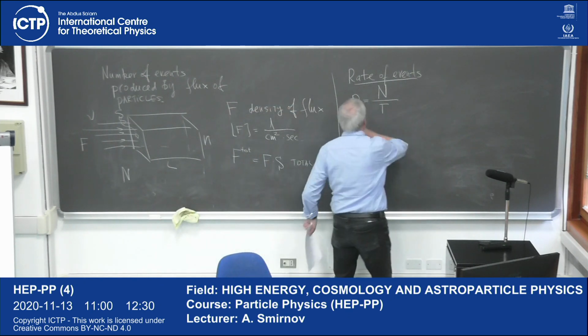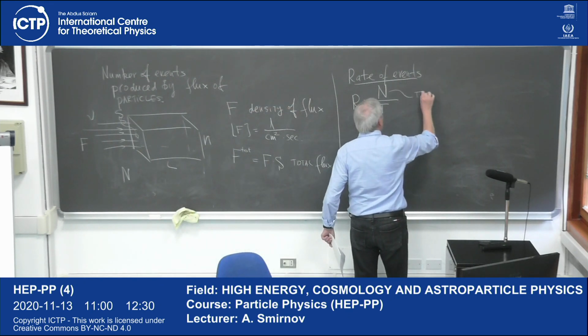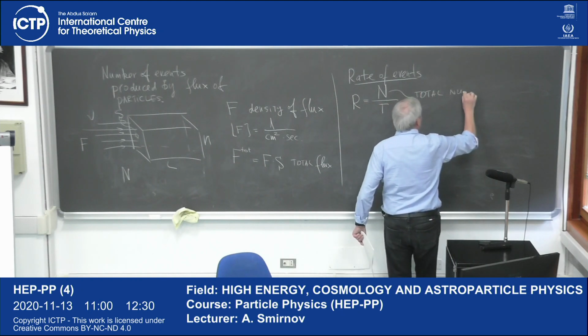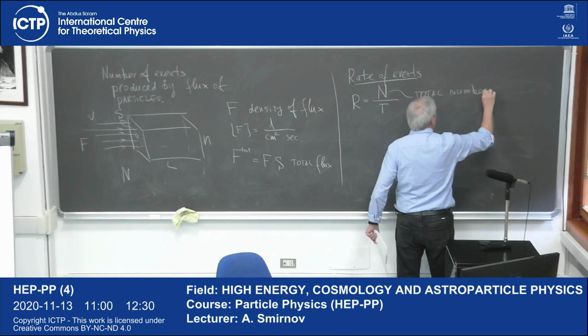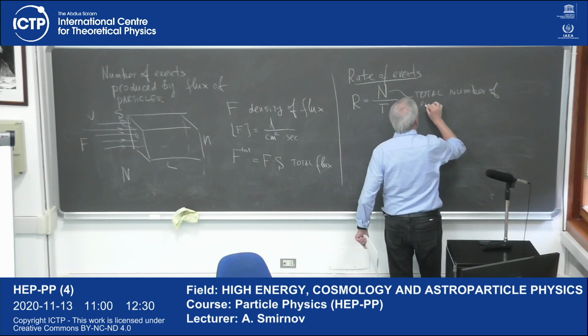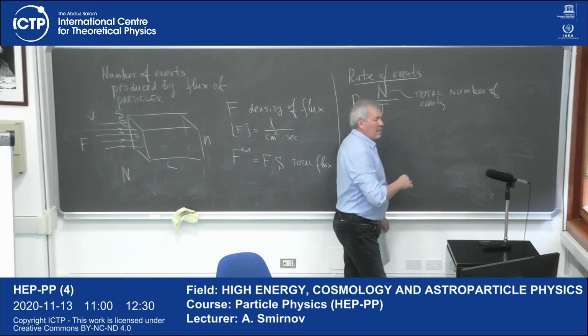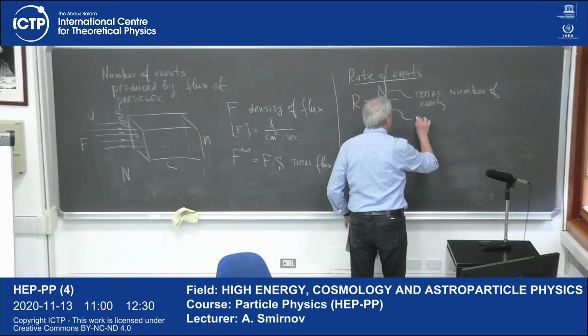So let me say this is the rate, this is the total number of events N produced in your detector during all the time of observation, and T is the time of observation.